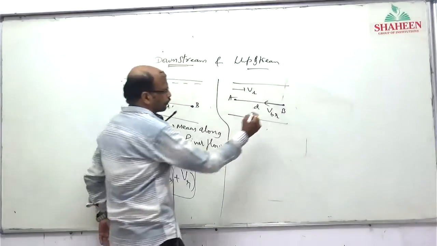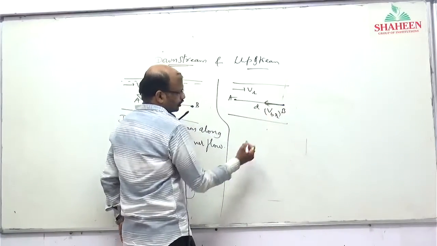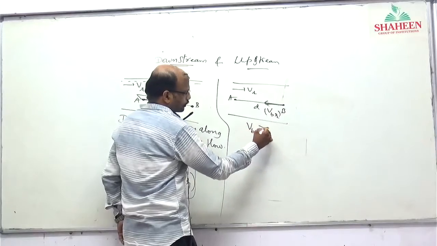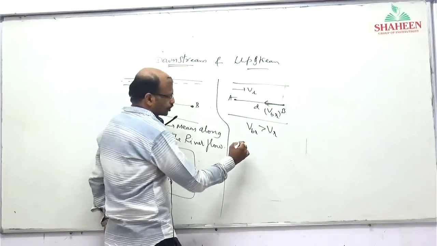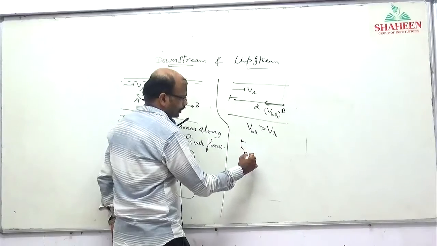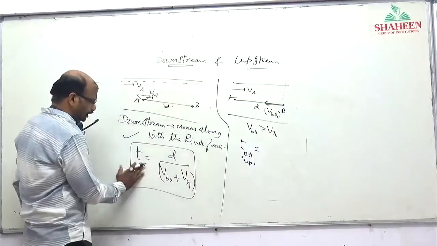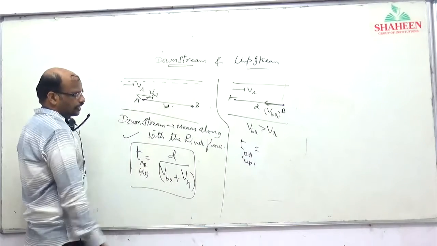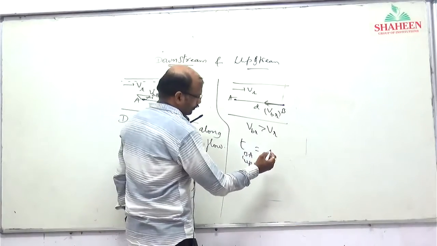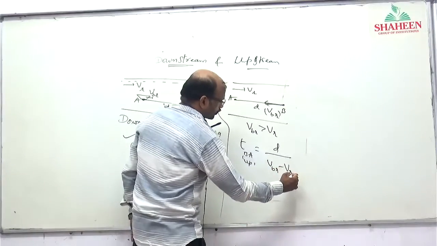It is moving with the velocity VBR. So here VBR must be greater than VR, then only you will reach point A. So time taken from B to A upstream: downstream is D by VBR plus VR, so here D by VBR minus VR. That's it.